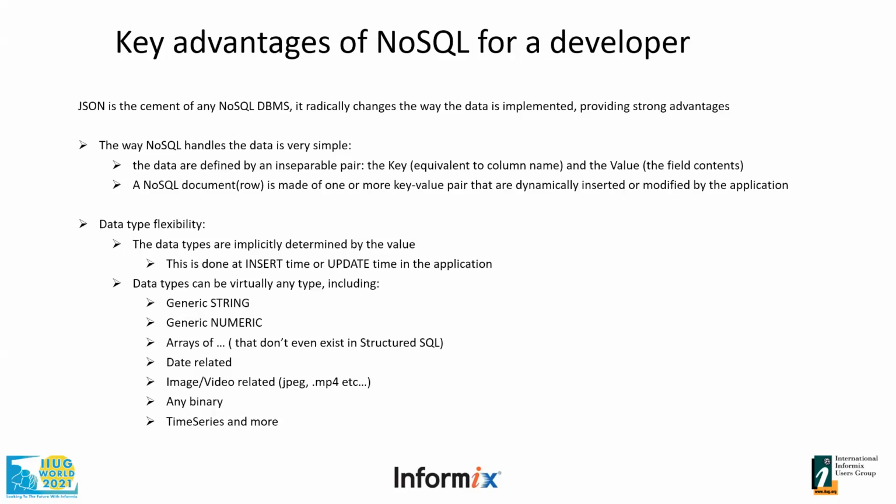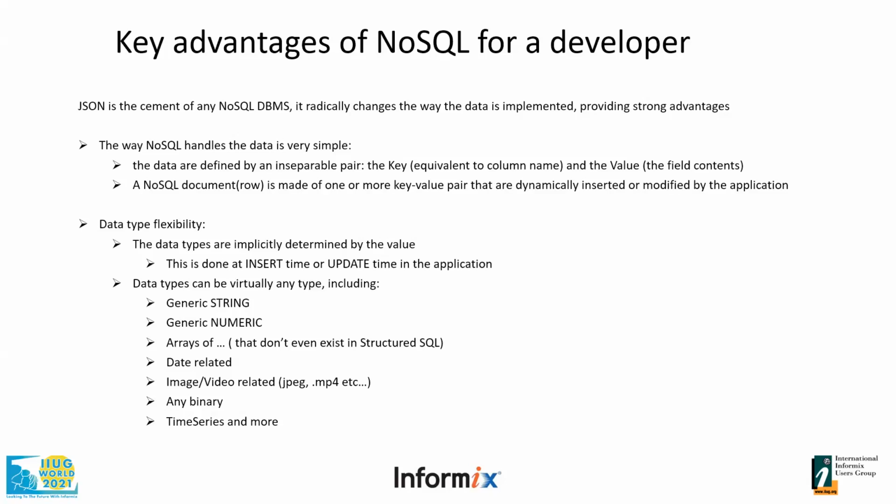Whenever we insert or modify a NoSQL document or keep a pair of key and value, this is going to be done through the application. So read it in a reverse way. You don't need to modify the table.